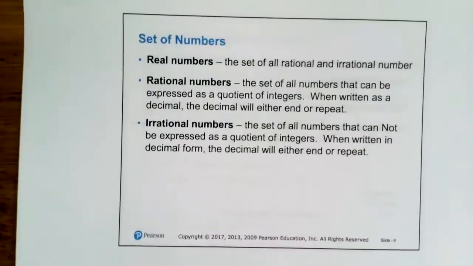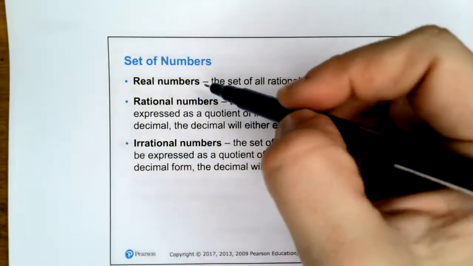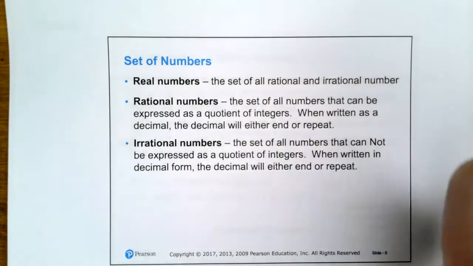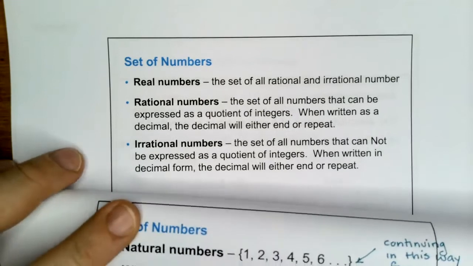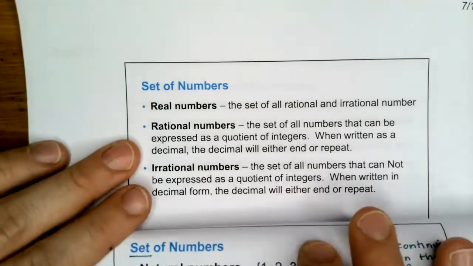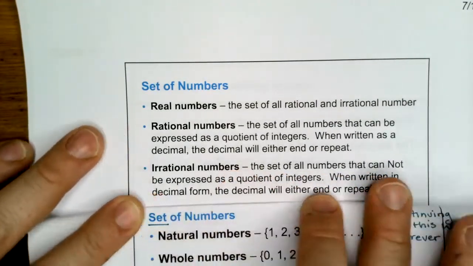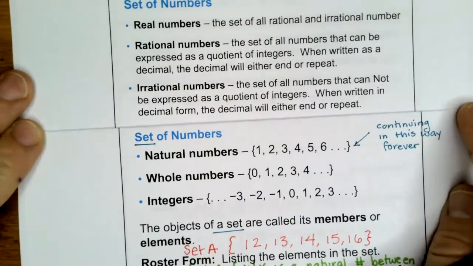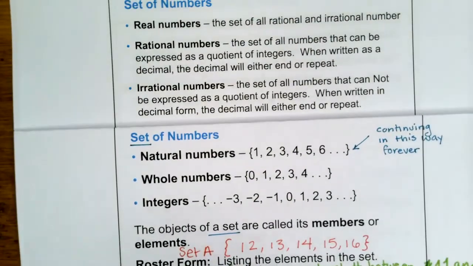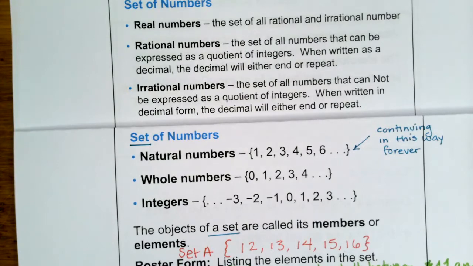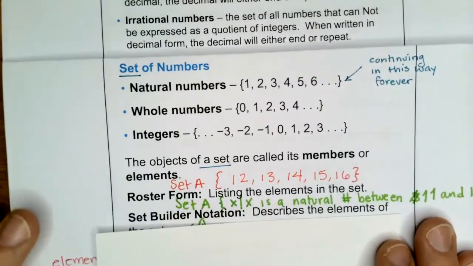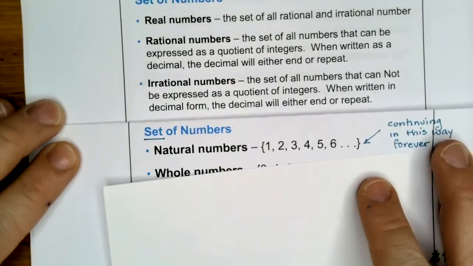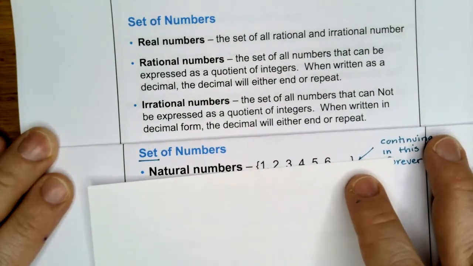All right. So we have now real numbers, rational numbers, irrational numbers. And the reason I waited on these is because these are all the same topic. All right. So I'm going to take a little note card and make just a little diagram of what these are. Okay.